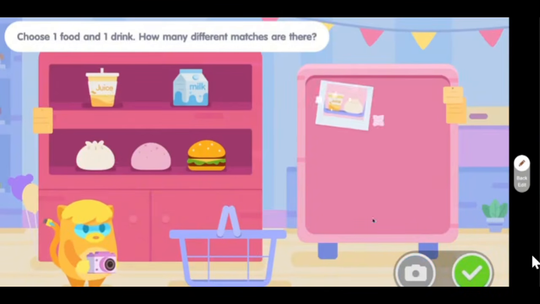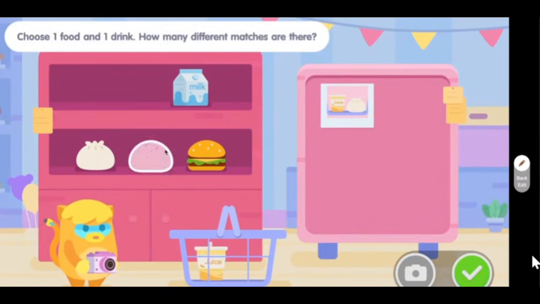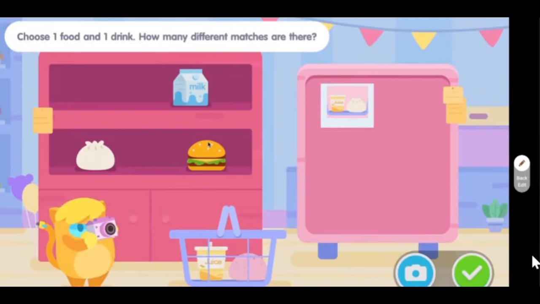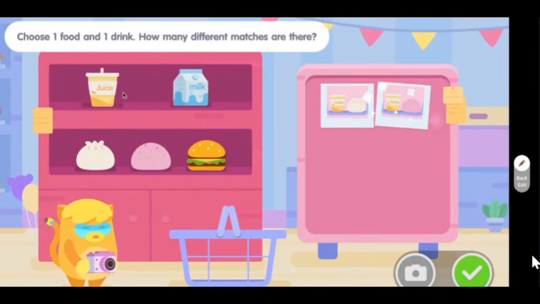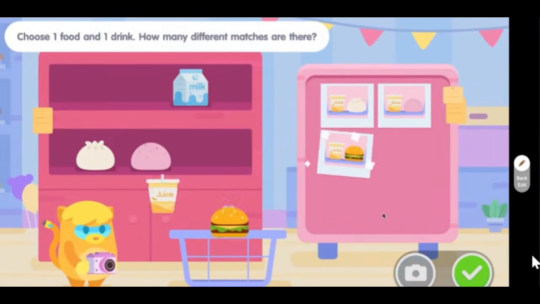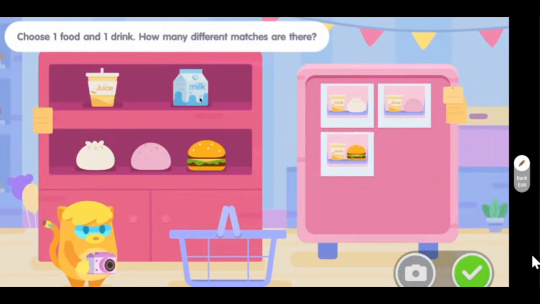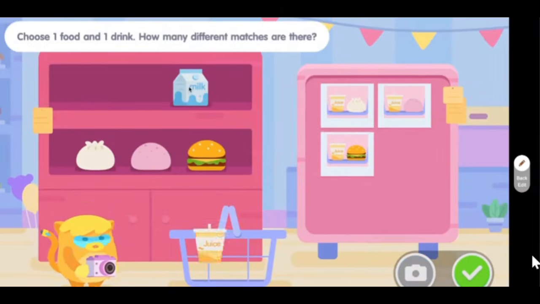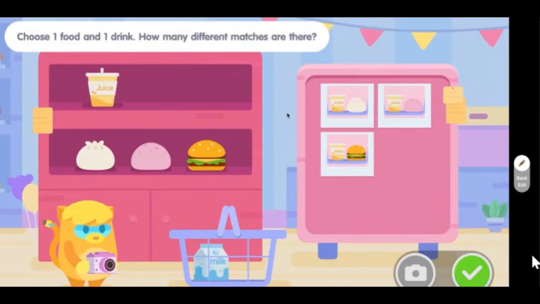Okay, let's see one by one. Take a picture. And then juice with the pink one. And then juice with the hamburger. 3 different choices already, right? Then let's see. This time, juice, can we match with milk? Milk? Cannot, right? Okay, then let's see.